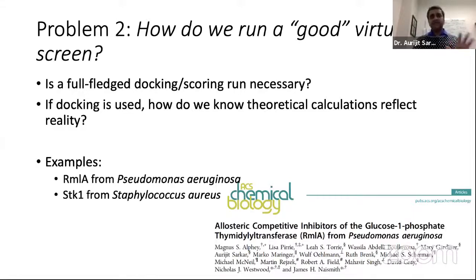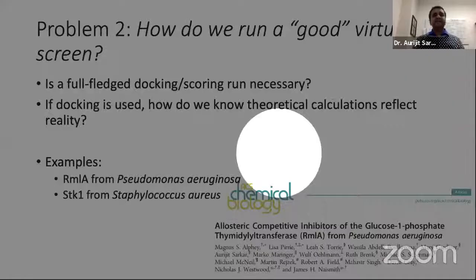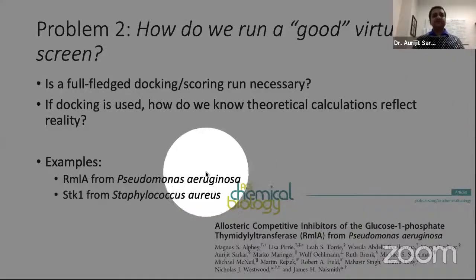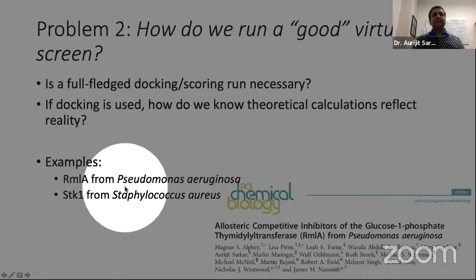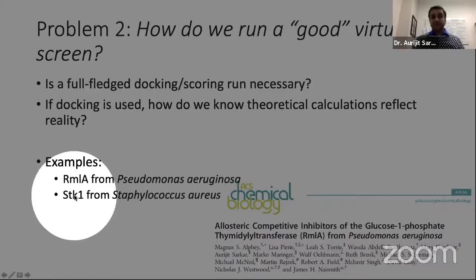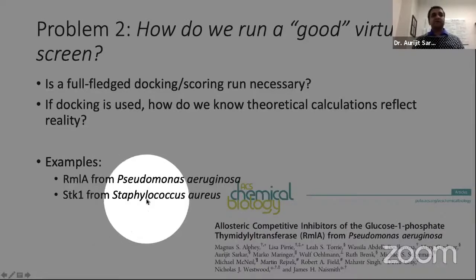And I'm going to demonstrate a couple of things to you using two pieces of my own work. One of them is drug discovery against RMLA from Pseudomonas aeruginosa. And the other one is more recent and unpublished work on STK1 from Staphylococcus aureus.